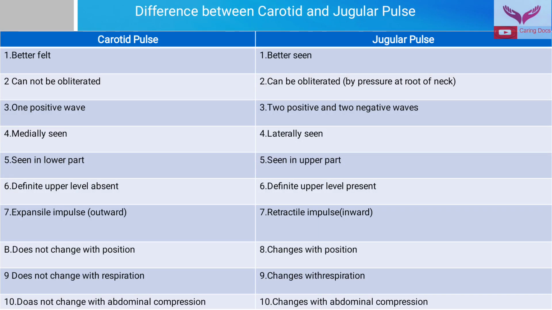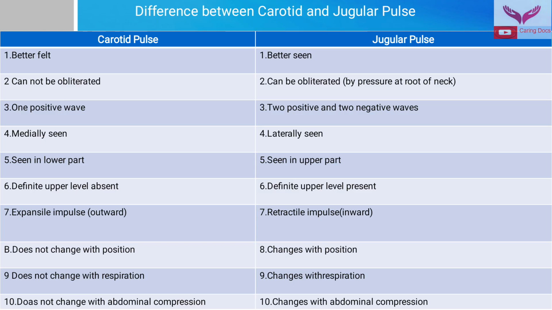If we have to differentiate between the carotid pulse and jugular pulse, the carotid pulse is usually better felt, whereas the jugular pulse is better seen. Carotid pulse cannot be obliterated. Jugular vein pulse can be obliterated by applying pressure at the root of the neck. Carotid pulse has one positive wave, whereas jugular pulse has two positive and two negative waves.